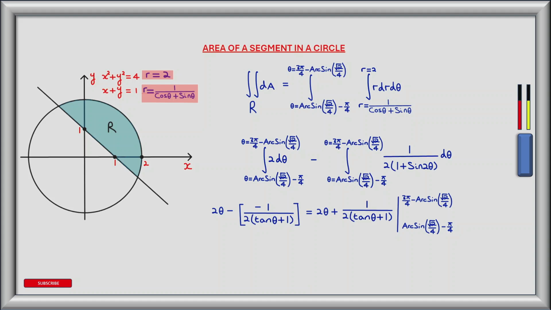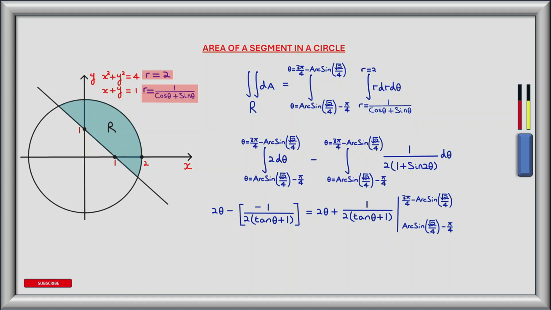Now moving on to our outer integral, we can split this into two separate integrals. So the first is 2 d theta from theta is arc sine the square root of 2 divided by 4 minus pi by 4 to 3 pi by 4 minus arc sine of the square root of 2 divided by 4, and that's minus the integral of 1 divided by 1 plus sine 2 theta times 2 d theta between the same limits.